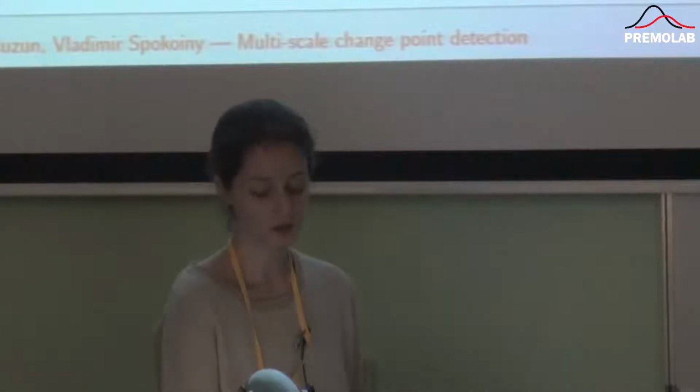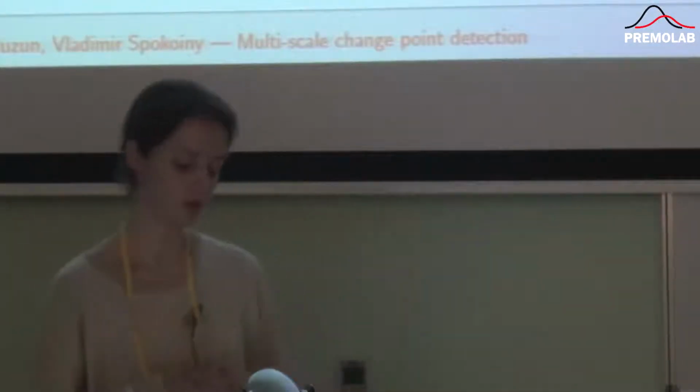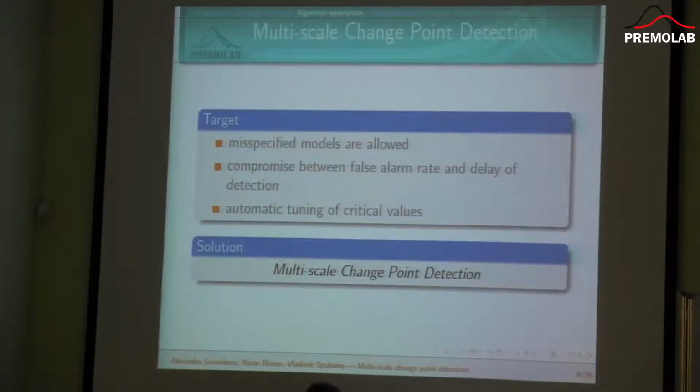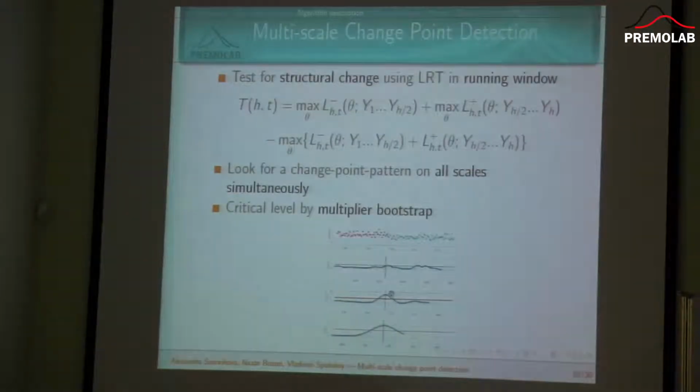In our work, we solve three problems. First, we use parametric assumptions, but we say that the model can be slightly misspecified. Second, we try to find a compromise between the false alarm rate and the delay of the detection. And the most important part is to allow the algorithm to be tuned automatically by the data. We call it multiscale change point detection.